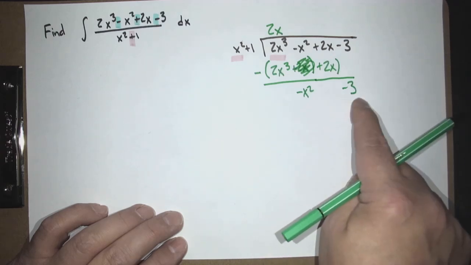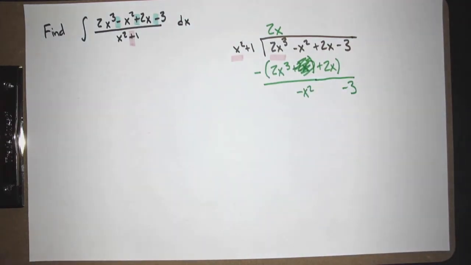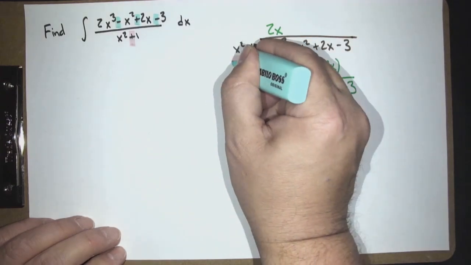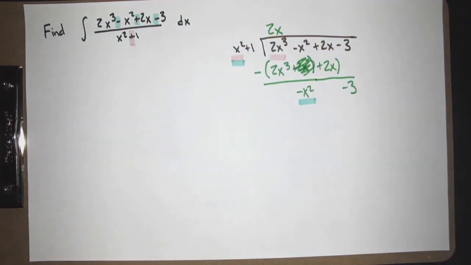So this is what happens after one step. So we looked at our leading term. We said, we need a 2x. And then we said, what's left? Okay, now the next step is to say, look, just focus on the leading terms of what's left. I have x squared. I have minus x squared. What do you multiply x squared by to get minus x squared?